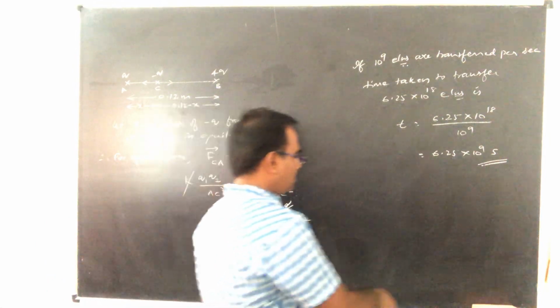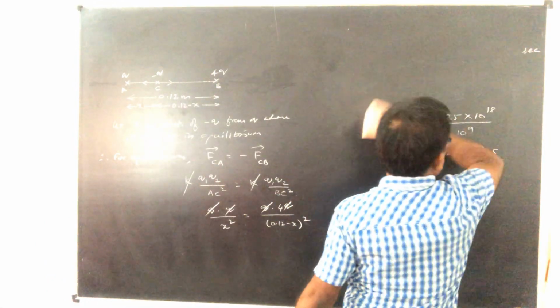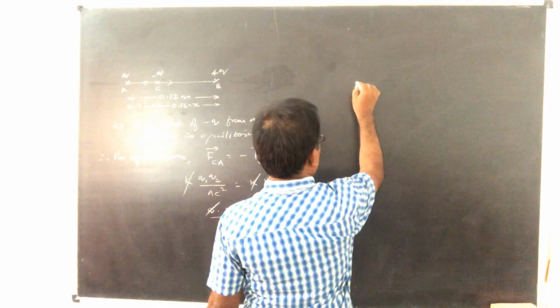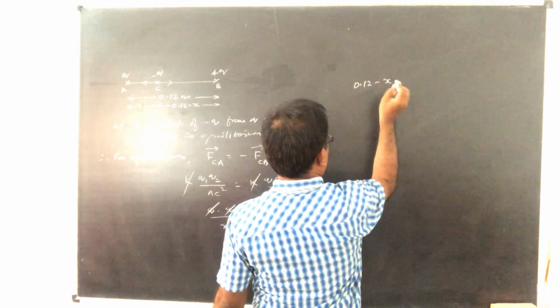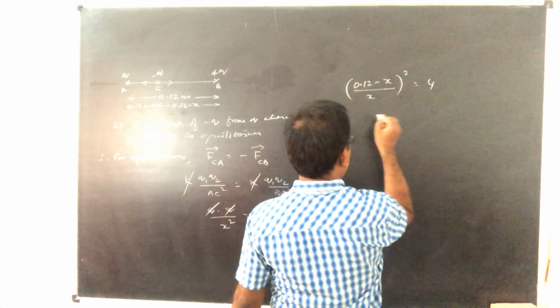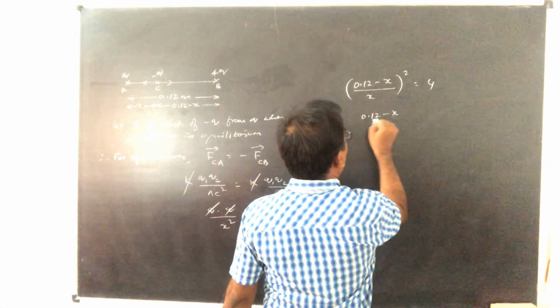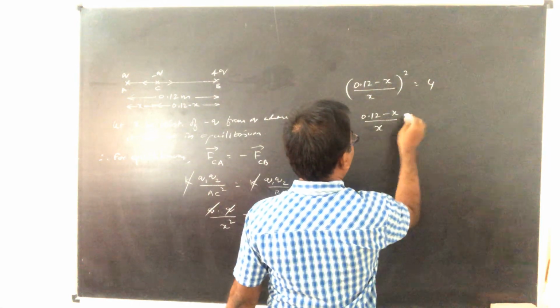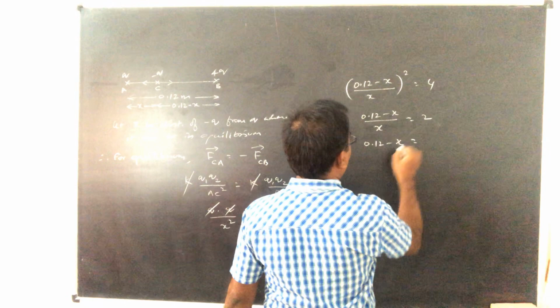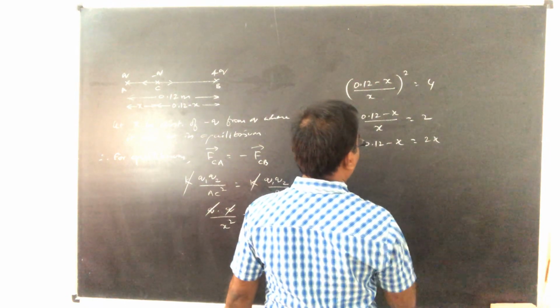If I rearrange these terms, (0.12 minus x) divided by x, whole square, is equal to 4. If I take square root on both sides, it becomes 2. So 0.12 minus x is equal to 2x.